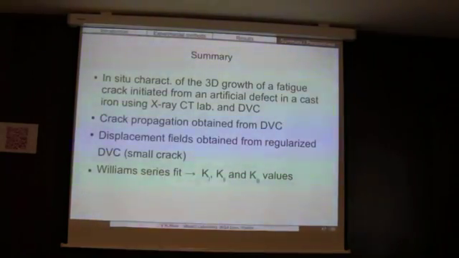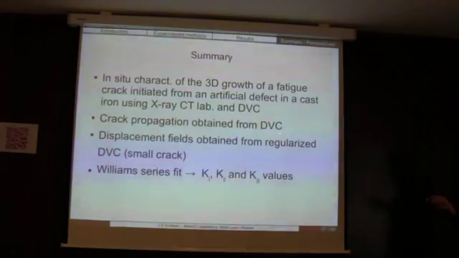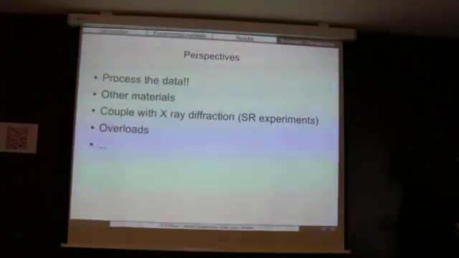Although we couldn't see the crack tip with the poor resolution we had, we managed to get an idea from correlation, and we extracted the K1, K2, K3 values. And we also had to add some regularization to the correlation, because those are really small cracks.